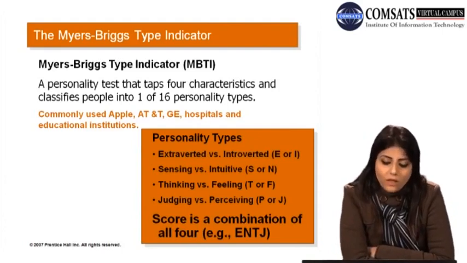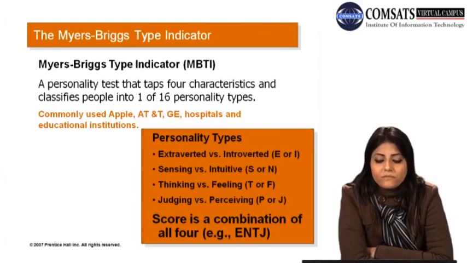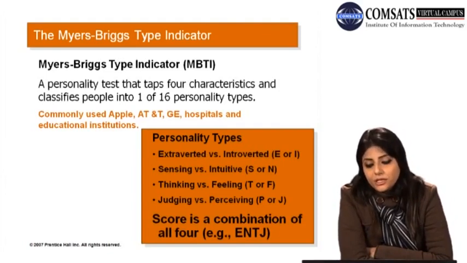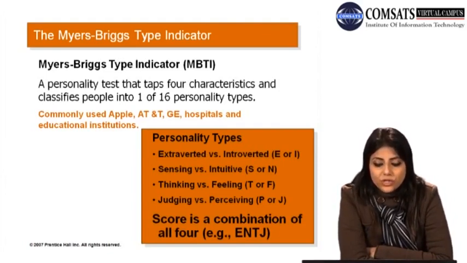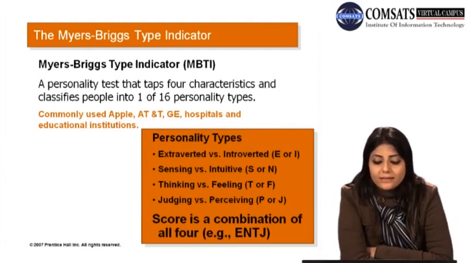The characteristics are extroverted versus introverted, sensing versus intuitive, thinking versus feeling, and judging versus perceiving. And this scores a combination of all 4.